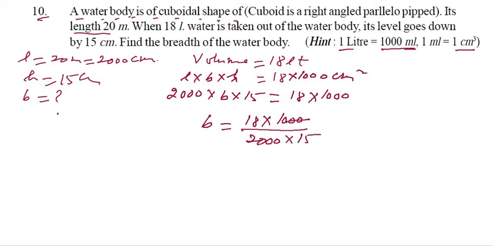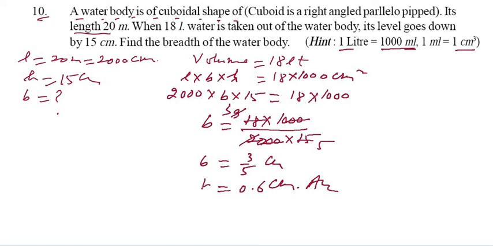Now 30 cancels with 30, and 2 nines are 18. So 3 threes are 9 and 3 fives. So B is equal to 3 upon 5 centimeter. So it will be 0.6 centimeter and that is your answer. So you can write breadth is equal to 0.6 centimeter.